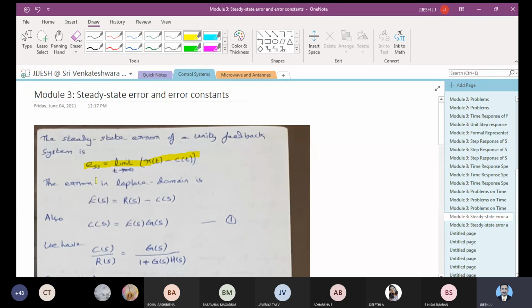So the error in Laplace domain, this equation is important.